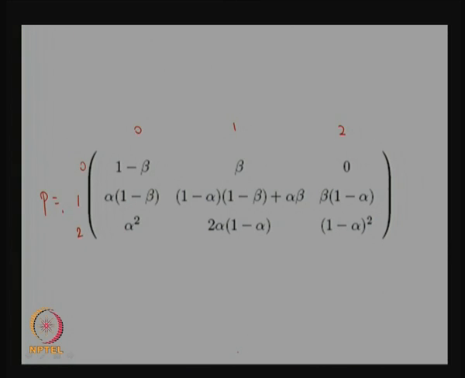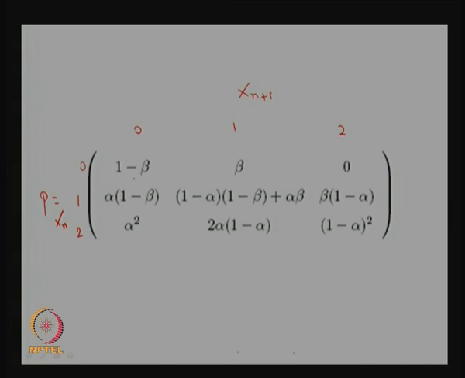Suppose the system was in state 0, 1 or 2 in the nth step; where will the system be in the n plus 1th step? These are the possible values of X n plus 1 and these are the possible values of X n, and this matrix gives the probability that, if the system was in a state in the nth step, it will be in each of these states in the n plus 1th step.